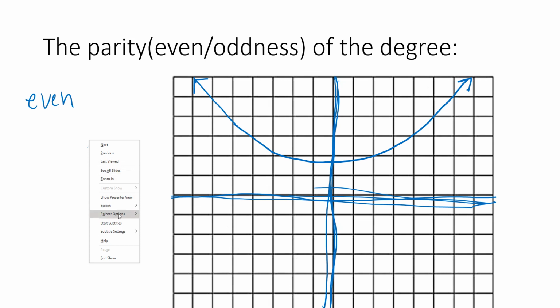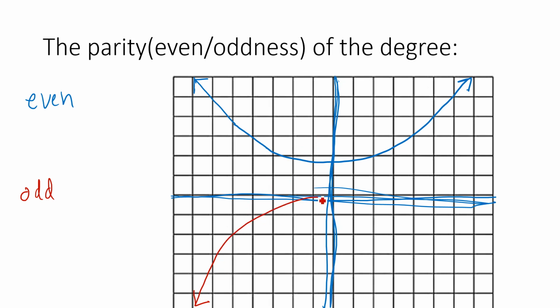Now, let's say it was odd. Let's change back to red. If it's odd, well then the graph will go in opposite directions. Maybe it'll go this way at the beginning, and then it'll go that way. Okay, different directions, different end behavior.